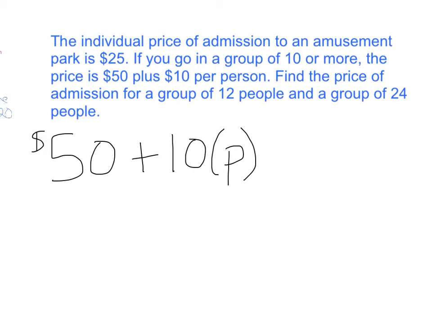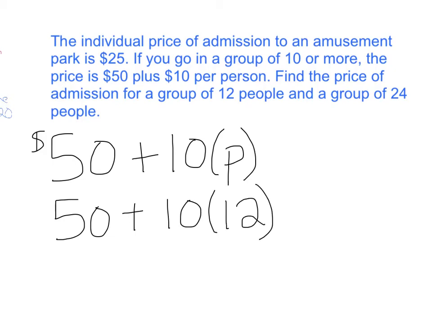Now let's look and see what the price would be for 12 people. So I'm basically just going to substitute in the 12 into my expression for p. And then I use PEMDAS, so I have parentheses. I'm multiplying that. 12 times 10 is 120.